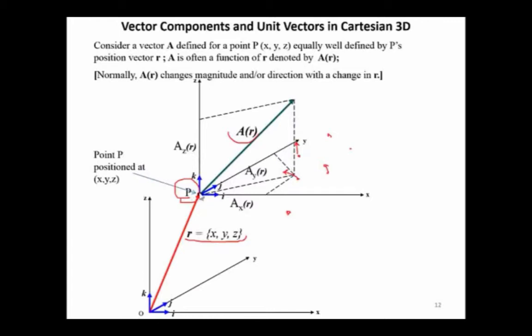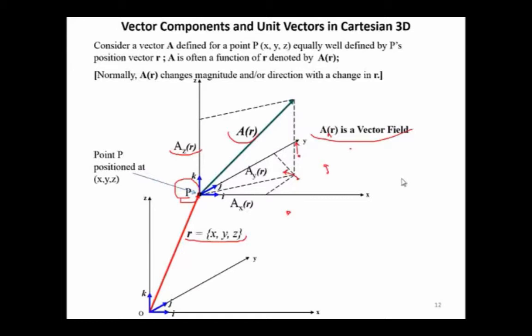You find the position that you're interested in, that's the vector r. You evaluate what would be called a vector function in terms of its, say, 3 components, and then you're able to draw the vector capital A, which is a function of wherever it starts. So wherever this point P is determines what this vector A is, which means magnitude and direction. So A of r we call a vector field if r spans some space that we're interested in.